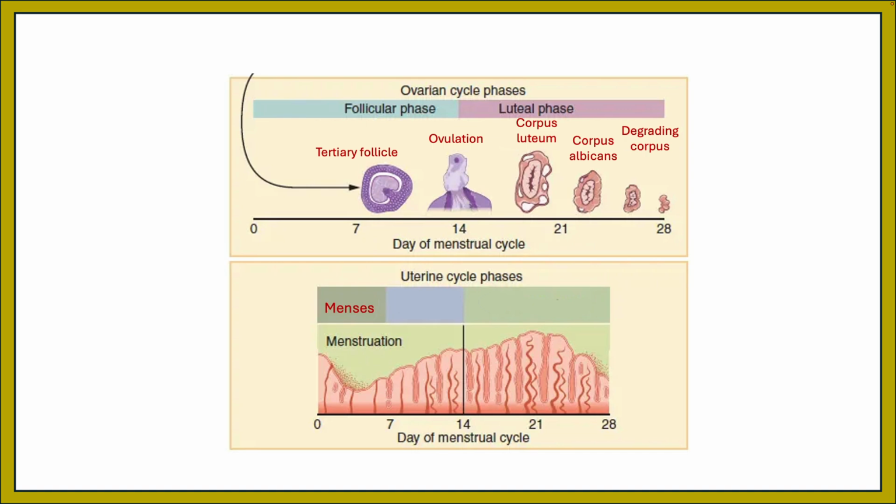So you have menses, which are the first 7 days when the uterine lining is shed. The proliferative phase, which is when the uterine lining starts to build up. And then the secretory phase, which is when you have the uterine wall preparing for pregnancy. So if pregnancy occurs, it's going to be in this phase right here that that is going to happen.